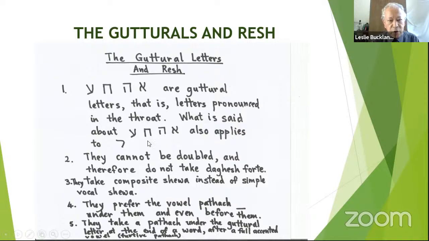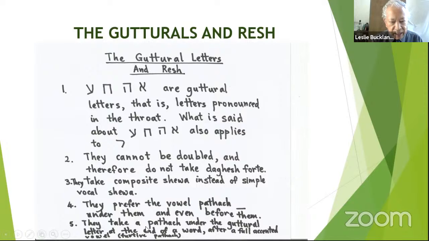They also prefer to have the vowel pathak before them. And when we're studying different verbs that have the guttural letters in them, we will see that they do have the effect to change the spelling of that verb from how it is regularly spelt, because they attract either a pathak under them or a pathak before them.